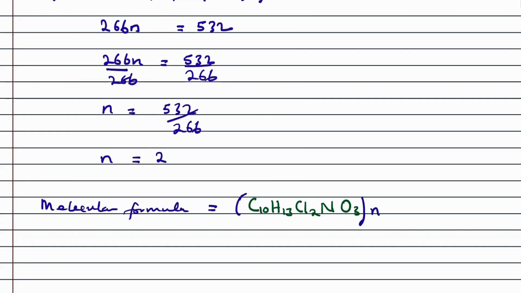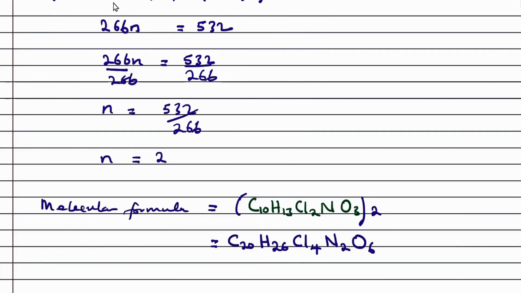Remember n is equal to 2. That means multiplied by 2. Simply in here, the molecular formula is coming to be C20, then H, we have 13 multiplied by 2, this is 26, then chlorine, we have 2 multiplied by 2 to give us 4, then nitrogen, we have now 2, oxygen becoming 6.